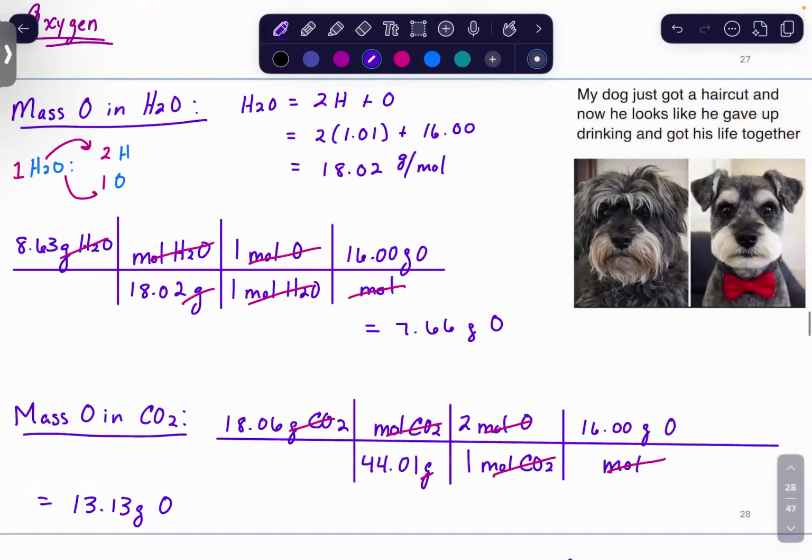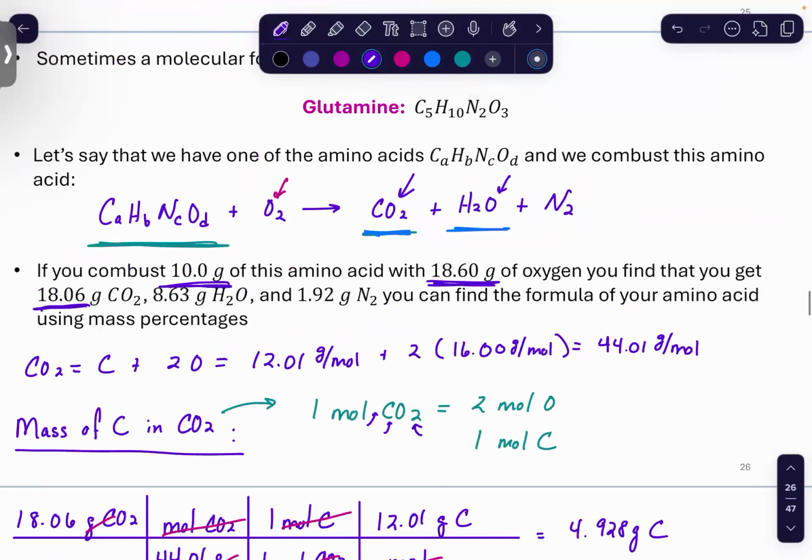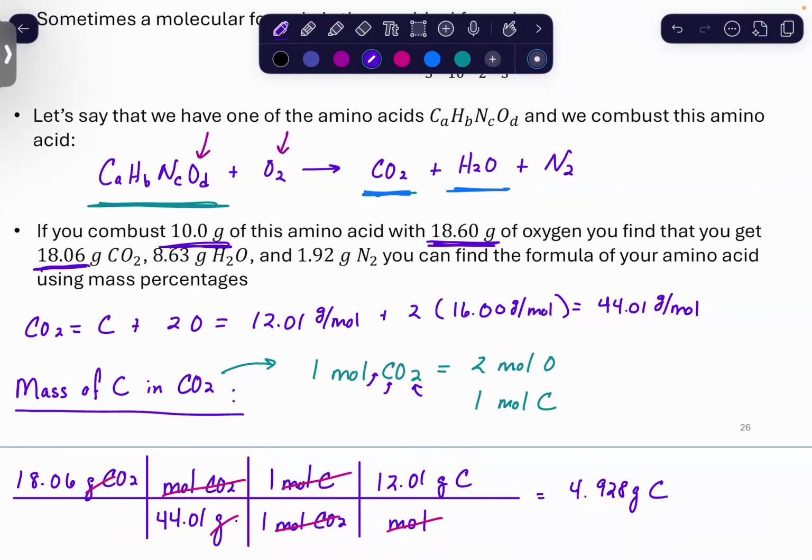Now, that oxygen comes from both the O2 and the amino acid. Okay, great. How do I know how much oxygen comes from the amino acid? Because I don't know the subscripts of my amino acid. I don't know that yet. Well, I know that 18.6 grams of it comes from the O2.